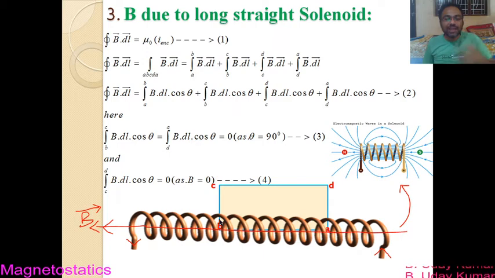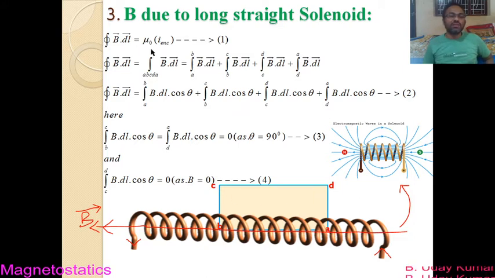We are just imagining it. It is cutting the solenoid, and one length of the rectangle is along the axis of the solenoid. Is that clear? I hope it is fine. Once we have constructed the closed loop, just apply Ampere's law and try to solve that.